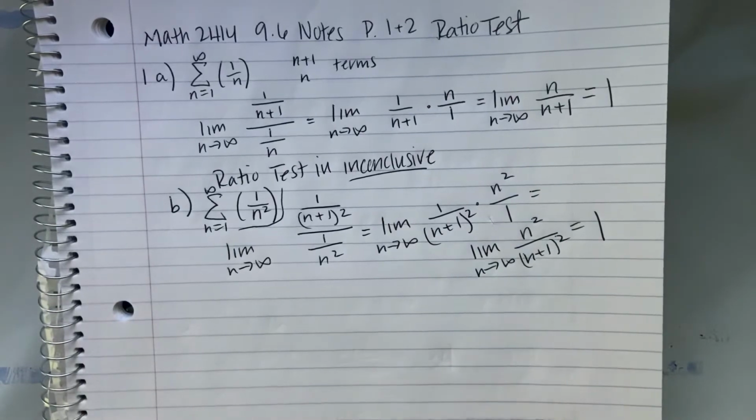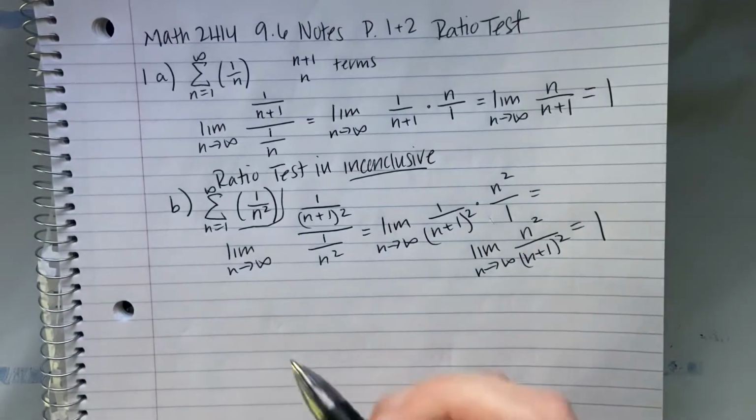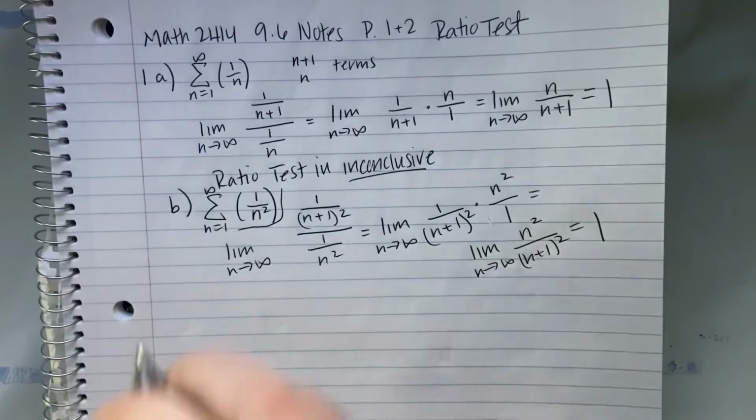So you can see the ratio test is still inconclusive, but we know 1 over n squared by the p-series actually converges.